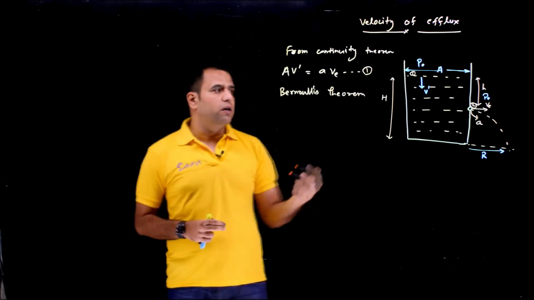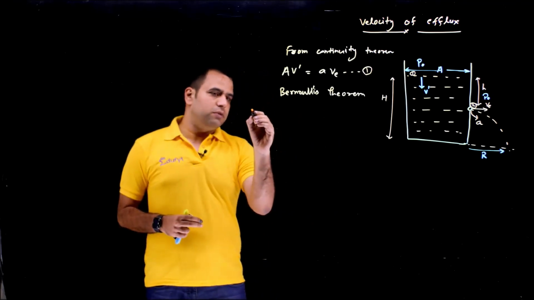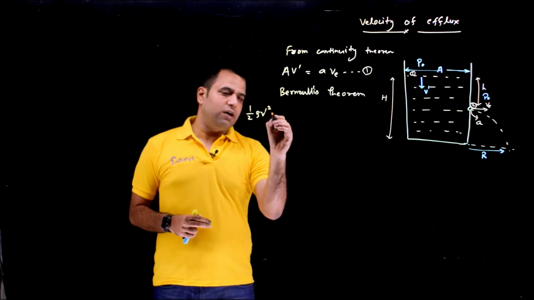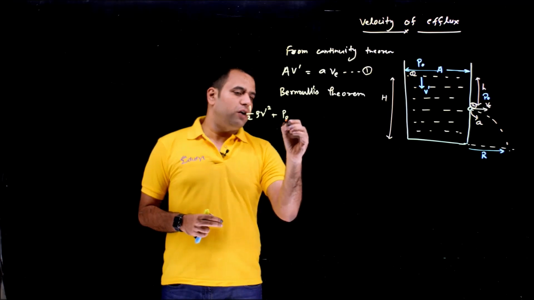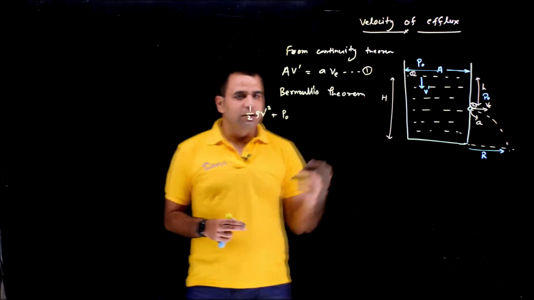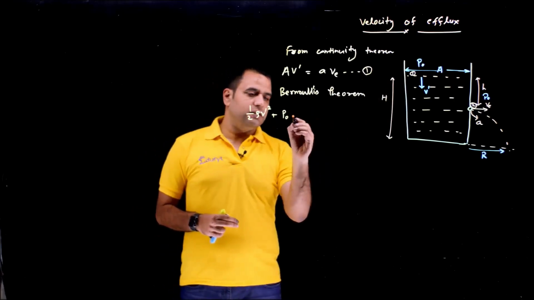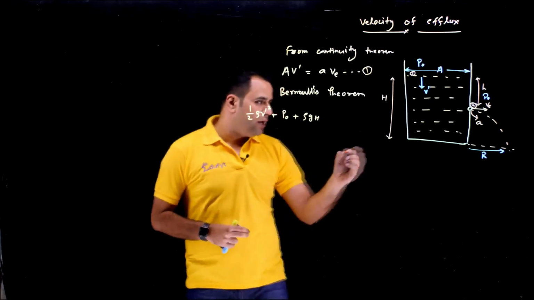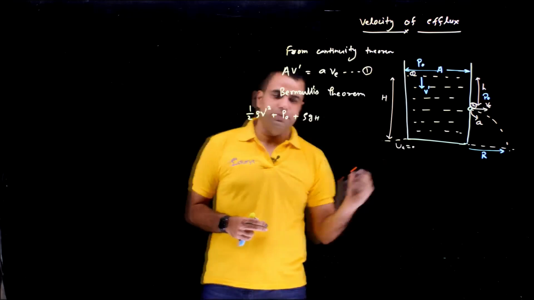There is a change in depth, so we'll be using the gravitational potential energy also. If we apply Bernoulli's theorem, it will give us half rho V dash square plus P naught, because that's the pressure at this point. So pressure at point 1 is P naught, velocity at point 1 is V dash, plus rho g capital H. I'm assuming gravitational potential energy at the bottom to be 0.